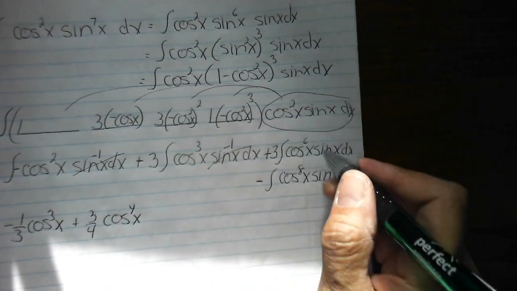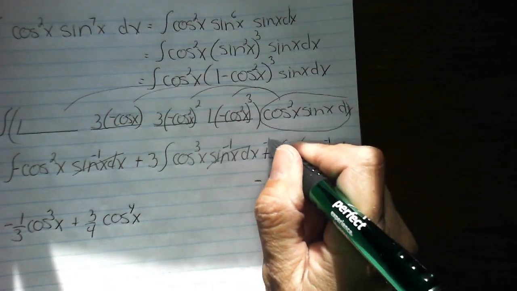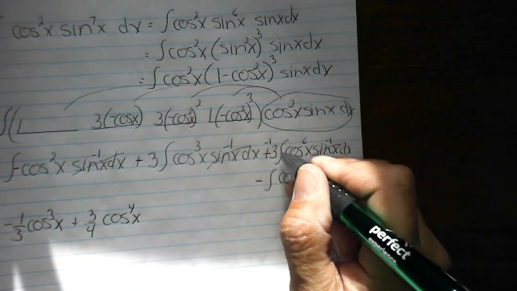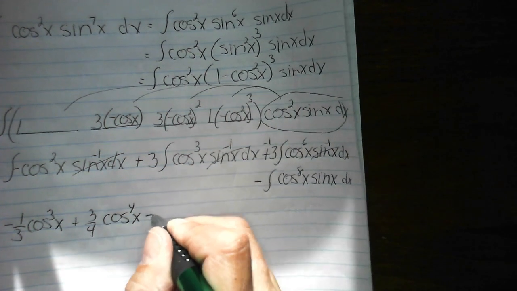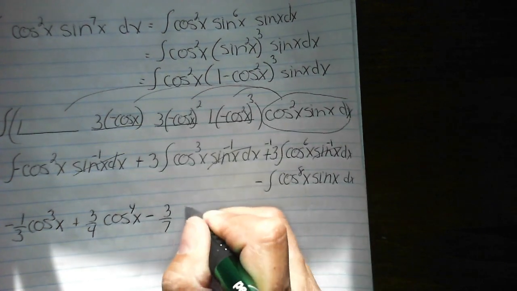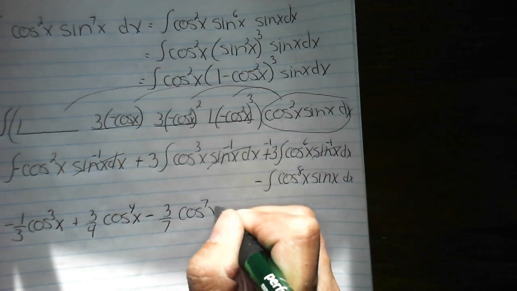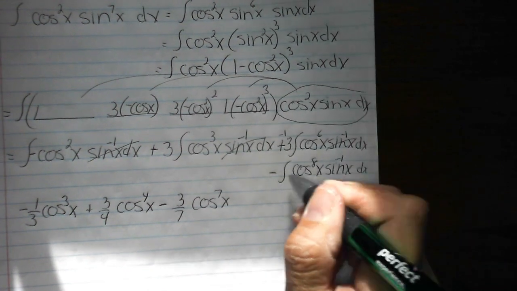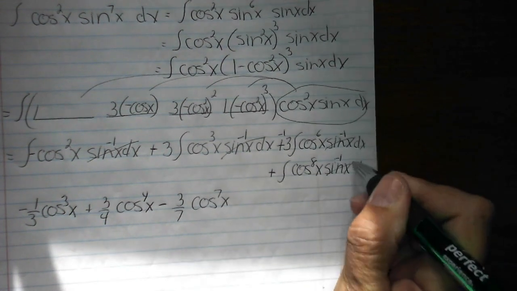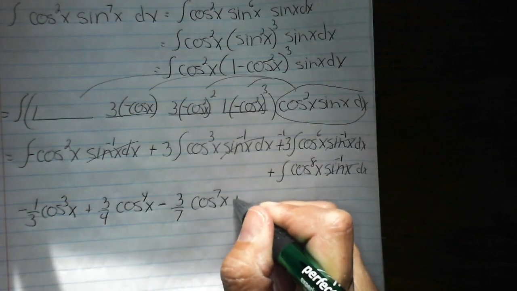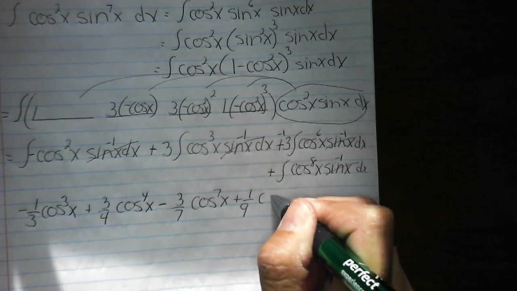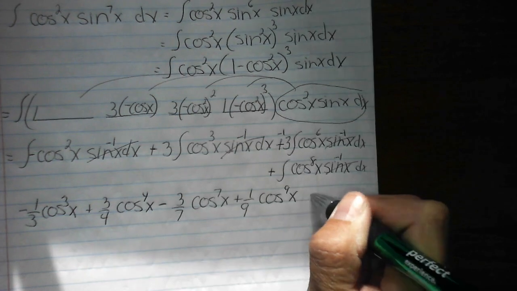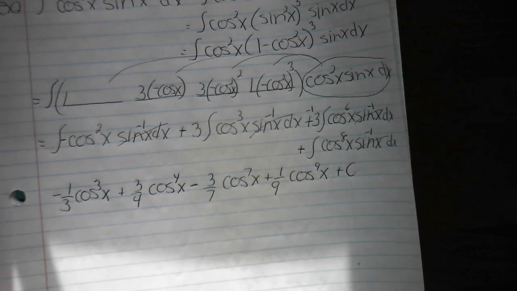Over here, negative 1, 7 and 1/7. So negative 3/7. And the last term, I need negative 1. Change that. Gone. 9 and 1/9. Plus C. So again, all I can recommend is take your time.